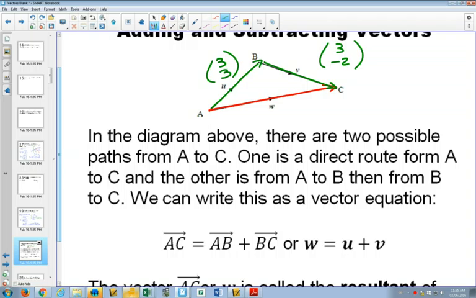And then vector W, what have you done? You've gone over 6, up 1. And can you see if you add the corresponding elements of those two column vectors? 3 plus 3 would be 6, and 3 plus negative 2 would be 1. And that's the idea of adding vectors.